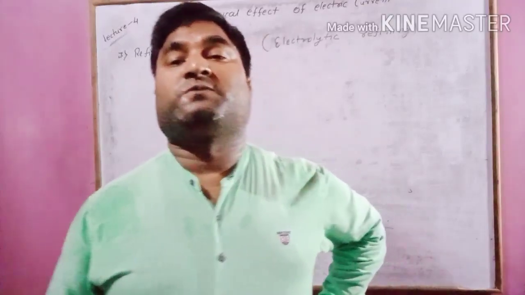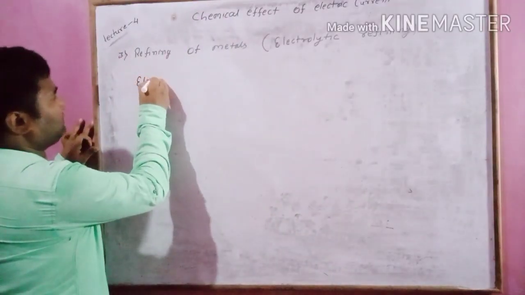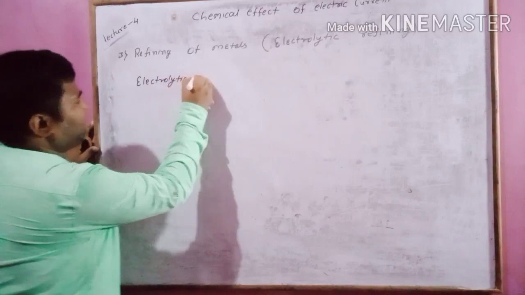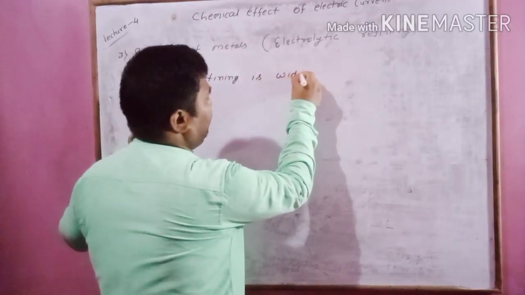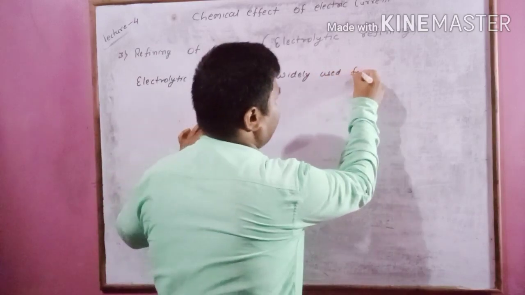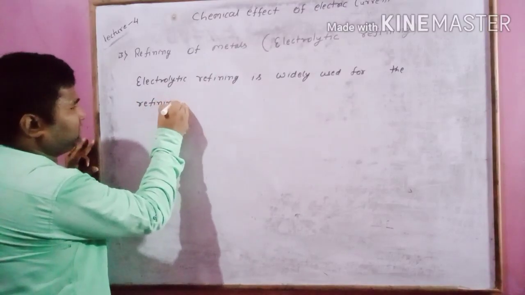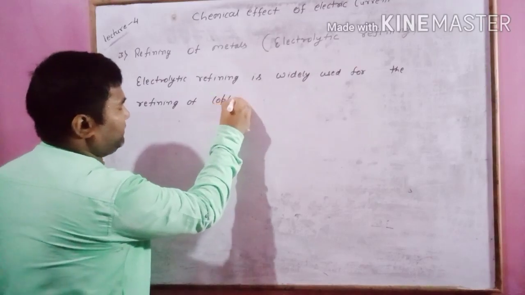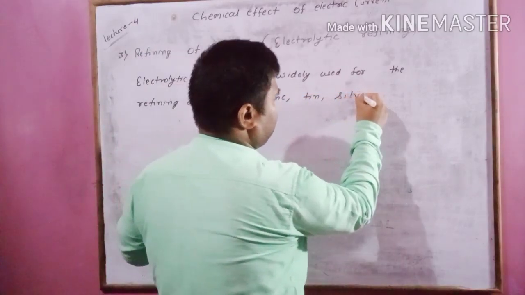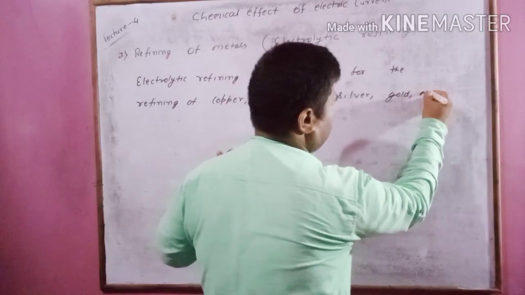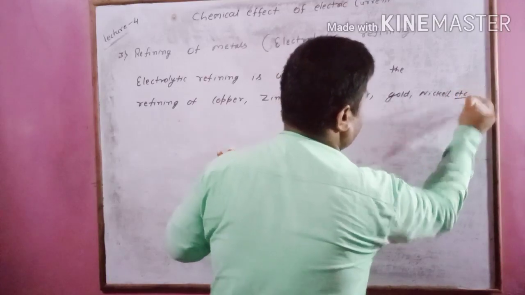So electrolytic refining is widely used for the refining of copper, zinc, tin, silver, gold, nickel, etc.